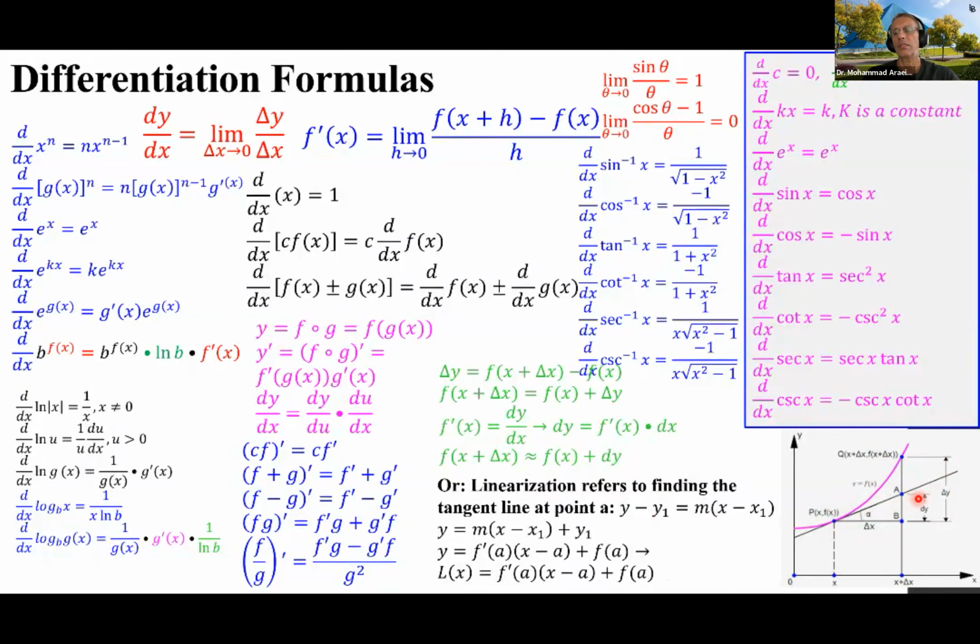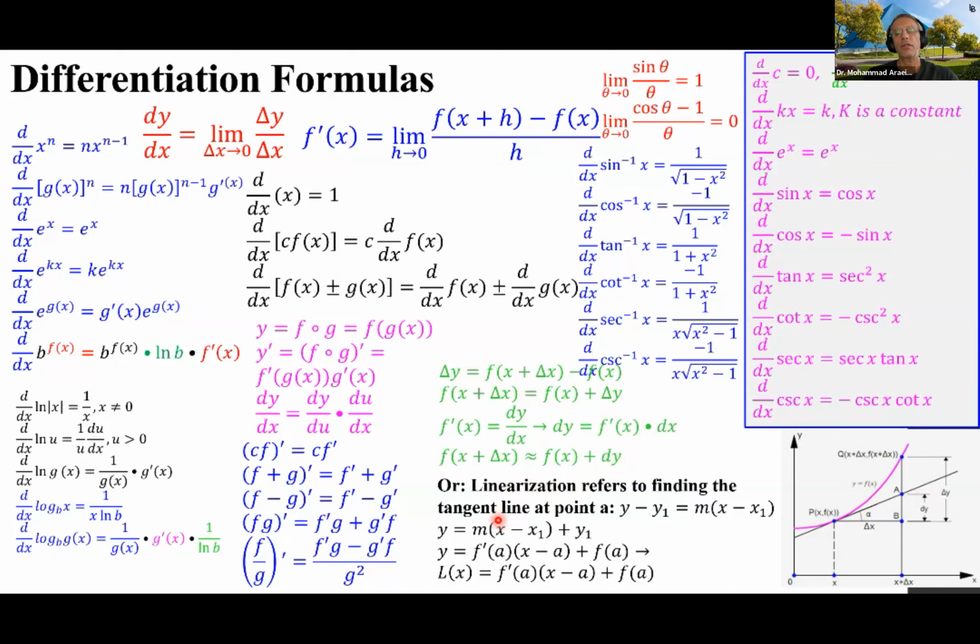Dy is the change in y along the tangent line. Dy is by definition f prime of x dx. Delta y is f of x plus delta x minus f of x. And we approximate delta y by dy.